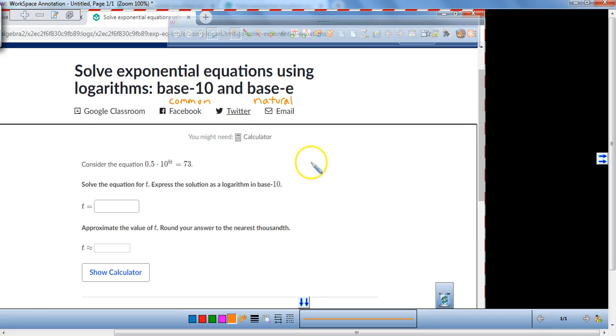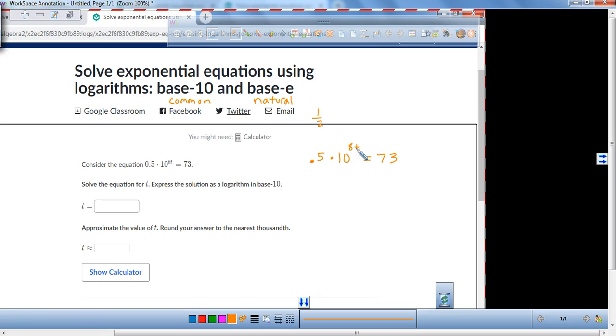Here we go. 0.5. Now, if you want to use a half, you're more than welcome to. Times 10 to the power of 8 times t equals 73. Sometimes students will try to multiply this half times this 10, and that will not work, because this is not just a 10, it's 10 to the power of 8 times t.